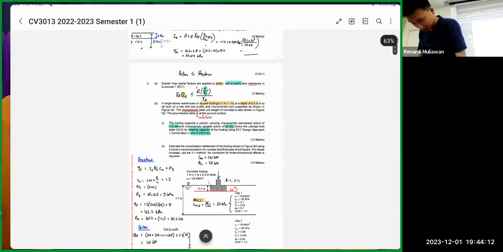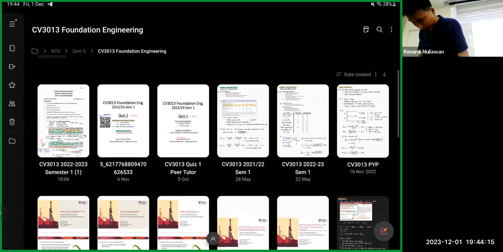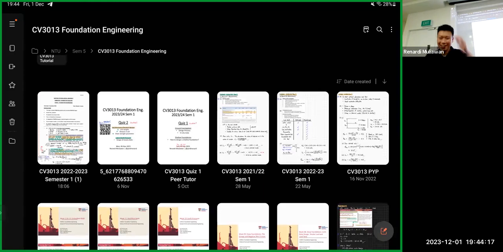Okay. Let me figure out how to download again. This one doesn't work again. Yeah, Control P. But I think the file name. Yeah. This one, right? Give me a second. Okay.